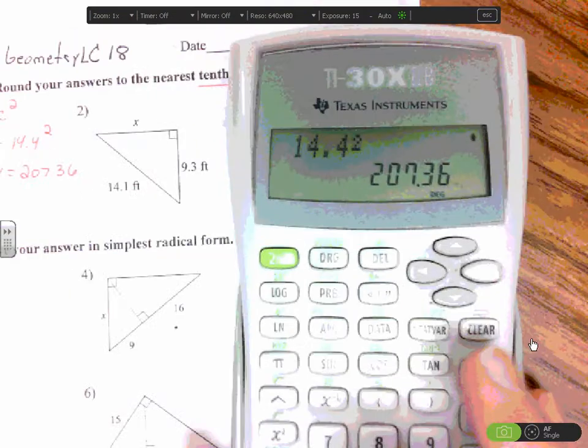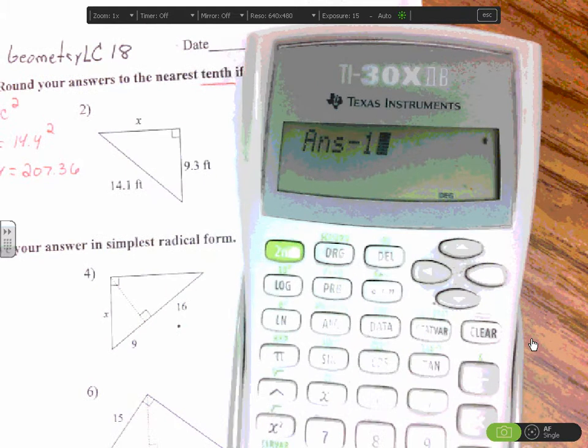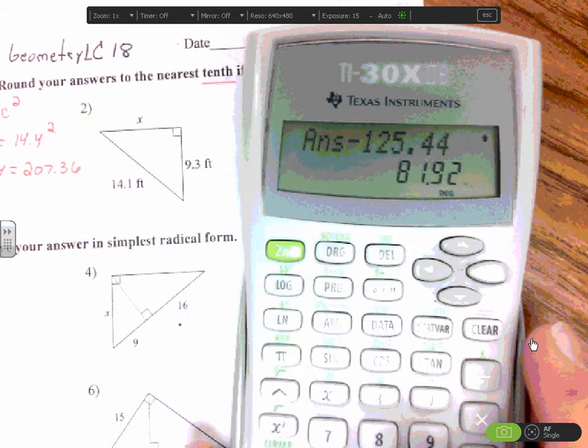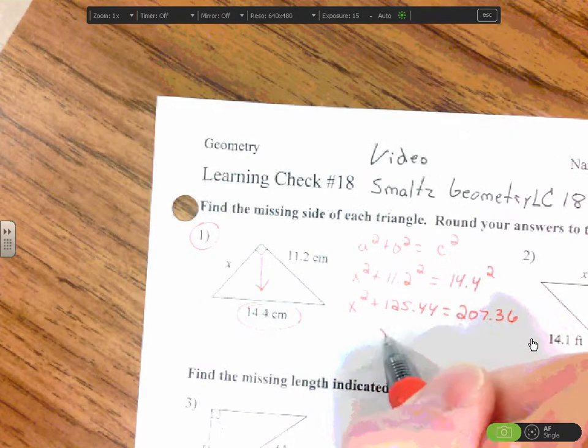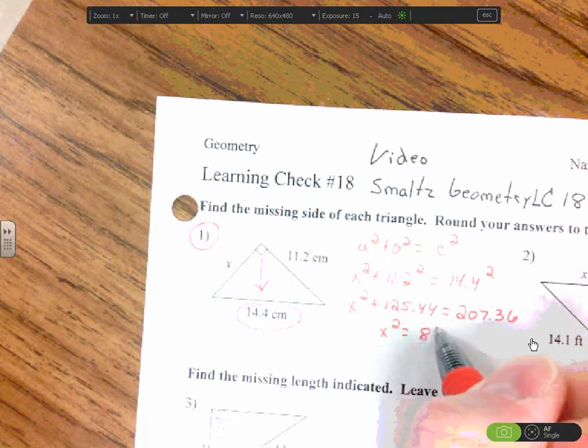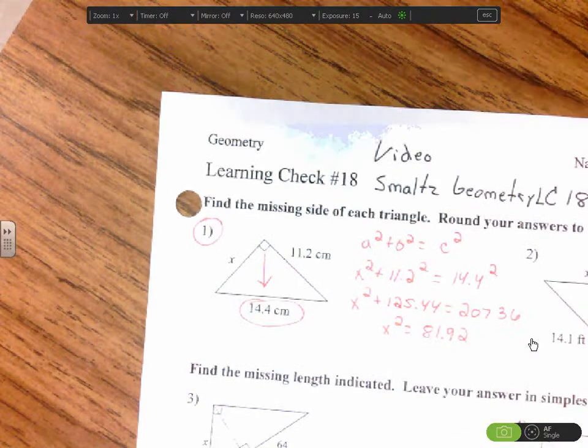Then I would subtract that 125.44. That's 81.92. And that's what x squared would equal, 81.92.